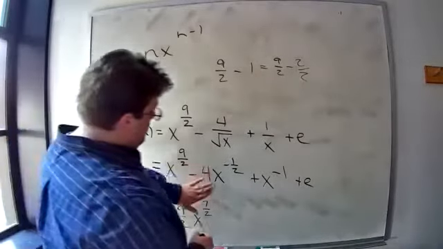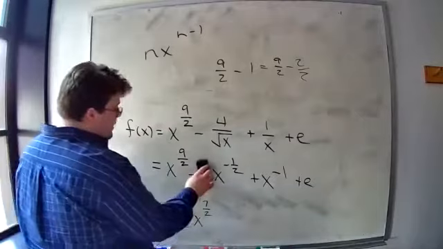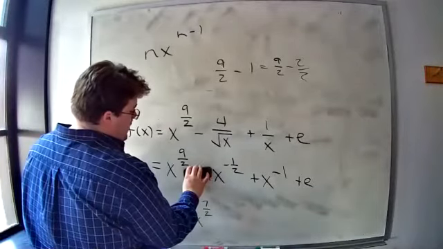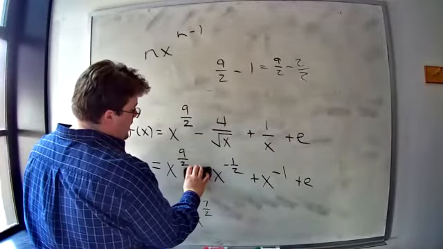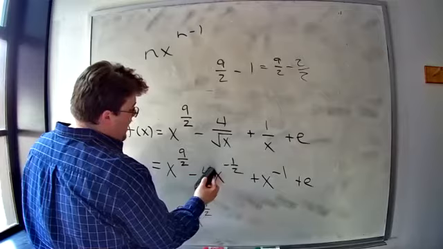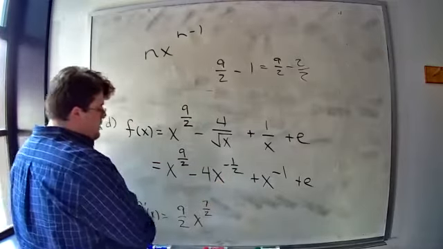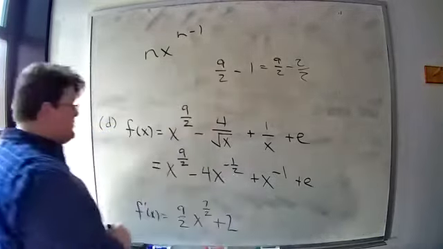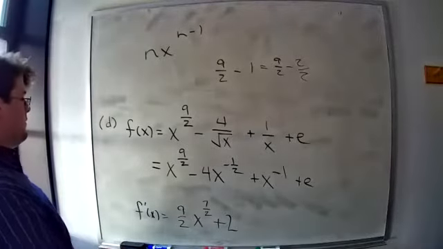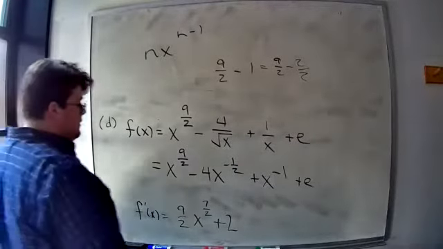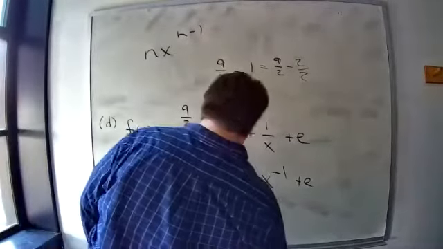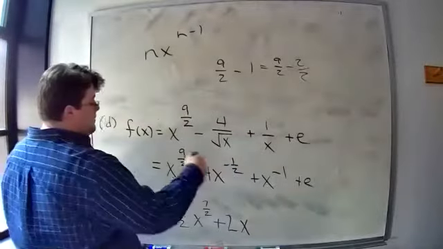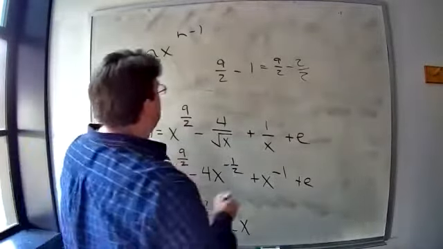Next, let's deal with that -4 in a moment. What do we get here? We get -1/2 x to the -1/2 minus 1. Well, -1/2 times -4 becomes a +2. Half of 4 is 2. Negatives cancel. And what's our exponent on x? Well, -1/2 minus 1.